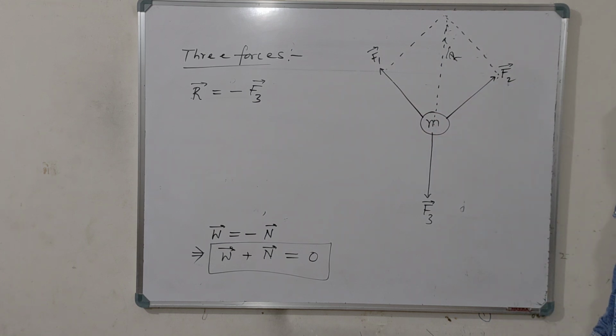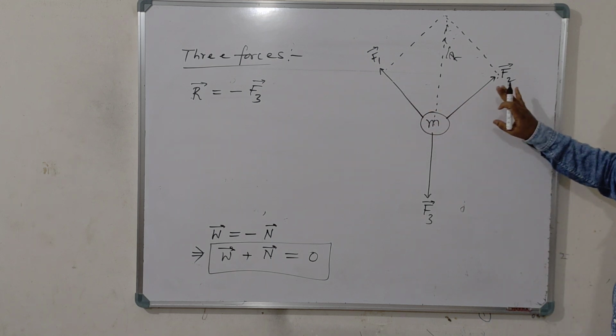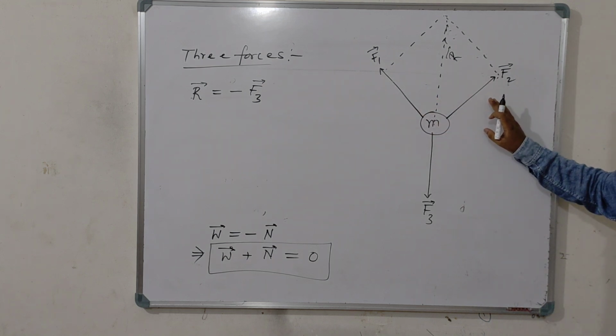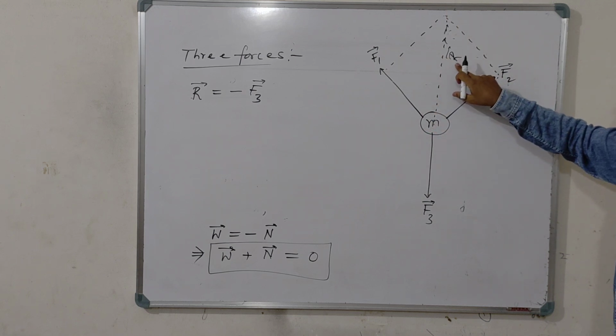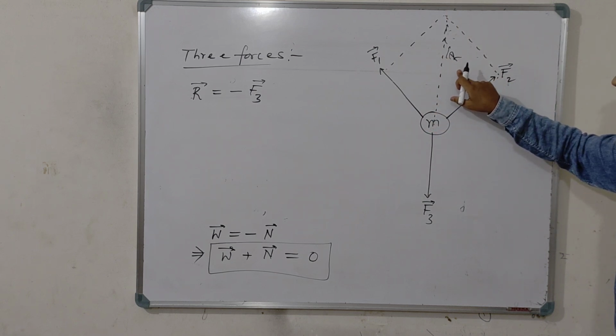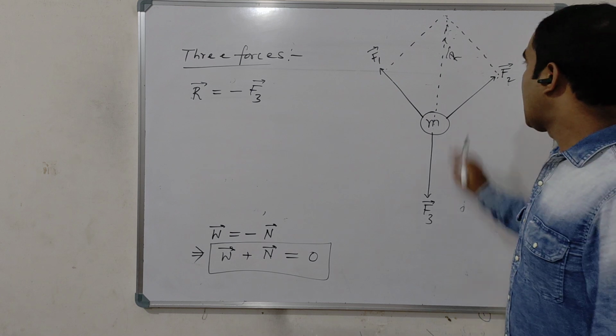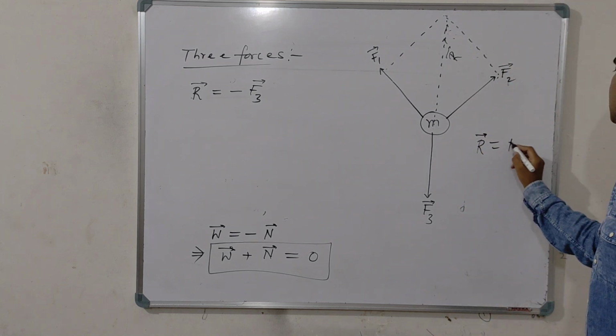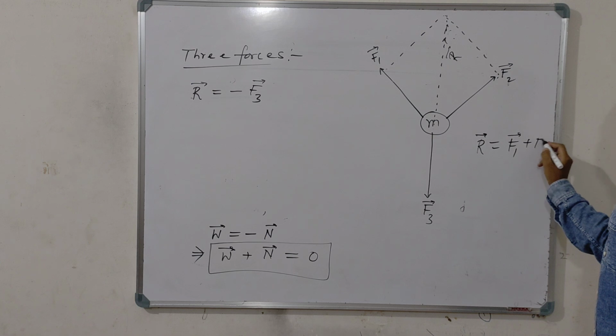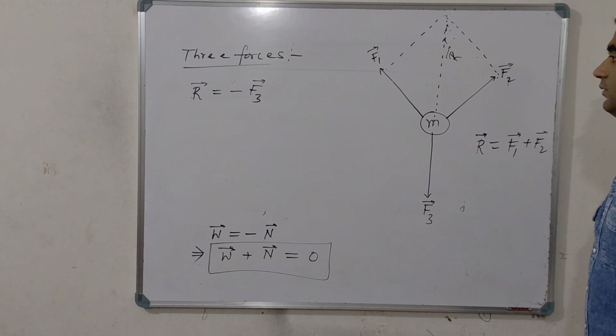And we all know from the parallelogram law that if F1 and F2 are two adjacent sides of a parallelogram, then its diagonal, that is R vector, will represent its resultant. So R vector is nothing but F1 vector plus F2 vector.